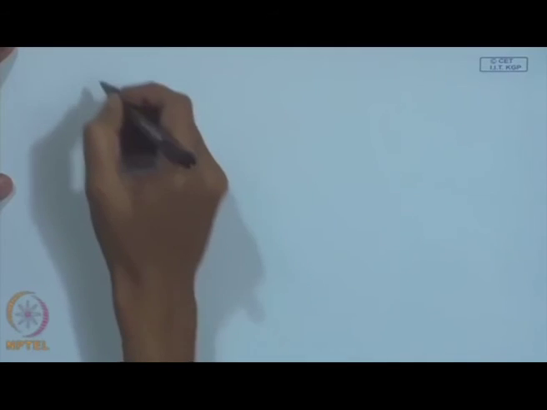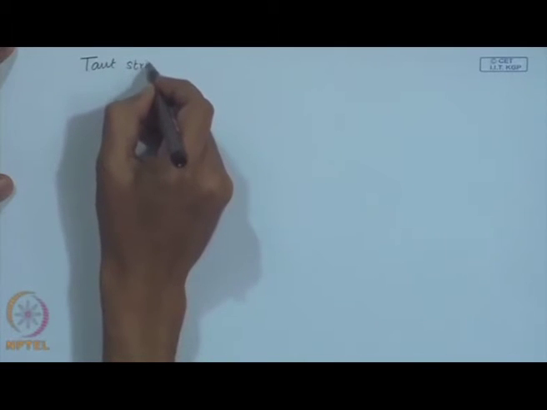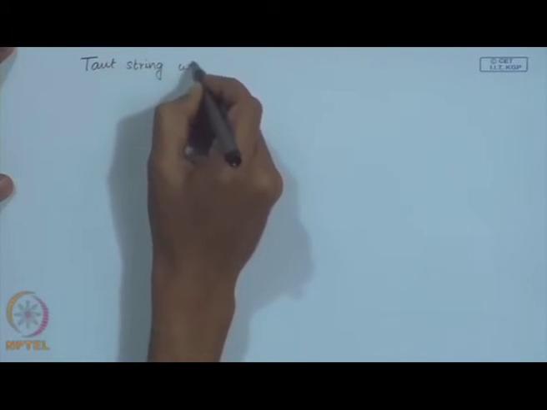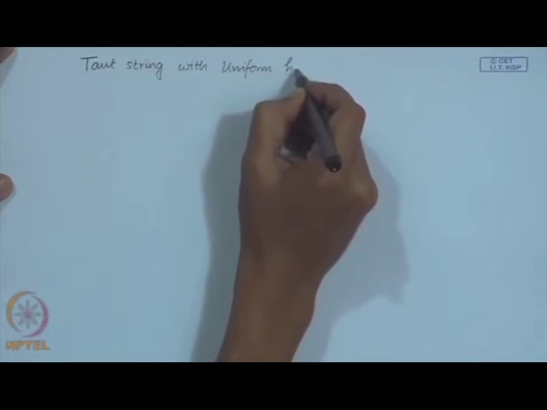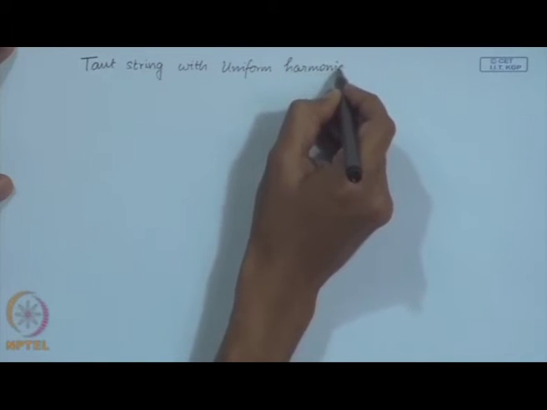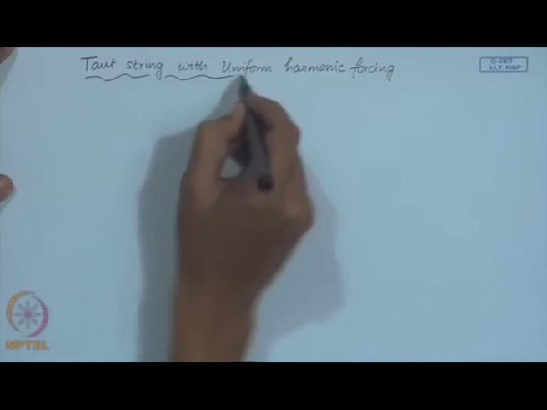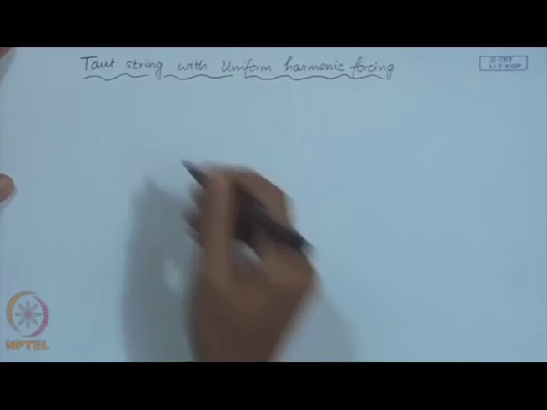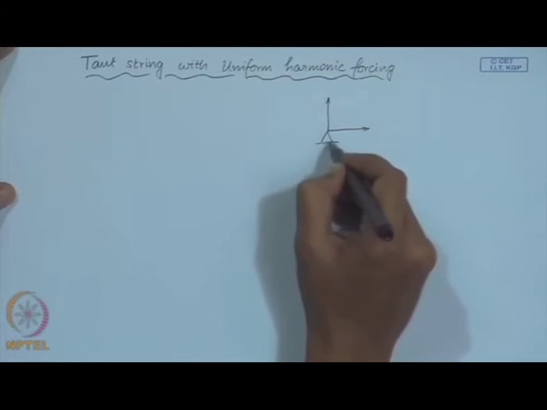Now, to look at what we have been doing, let us take an example. This is an example of a taut string with uniform harmonic forcing. So, let me represent the situation that we have.